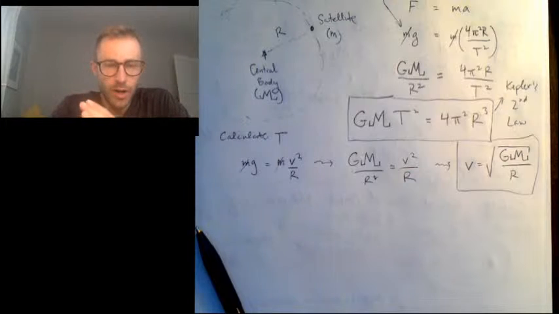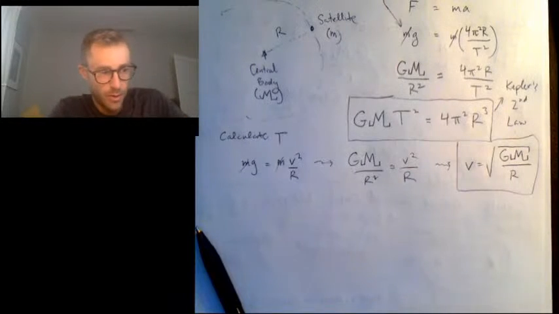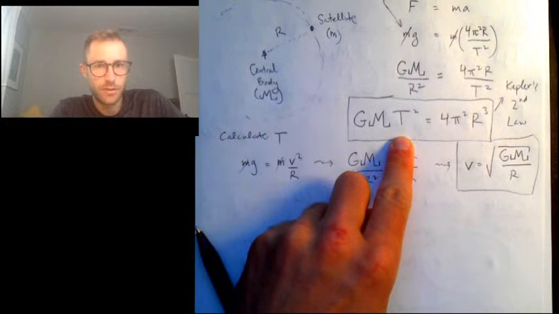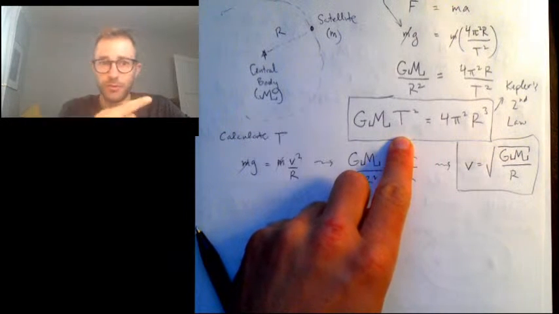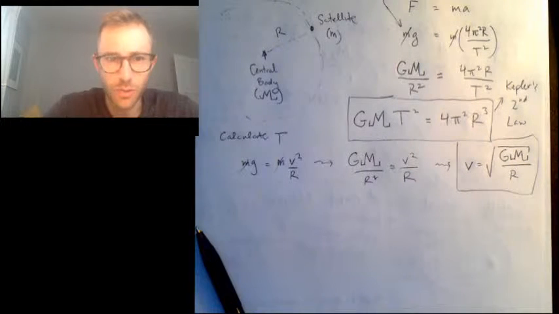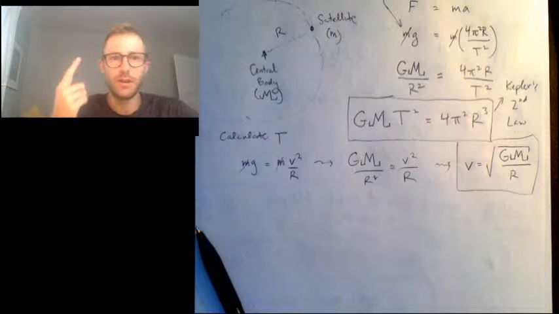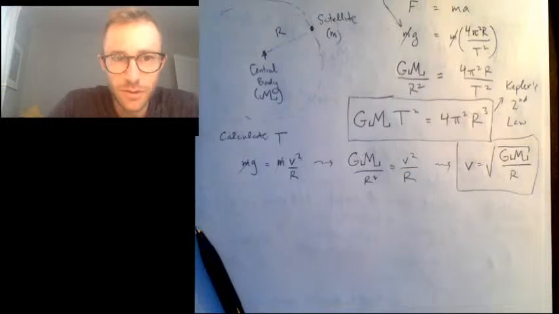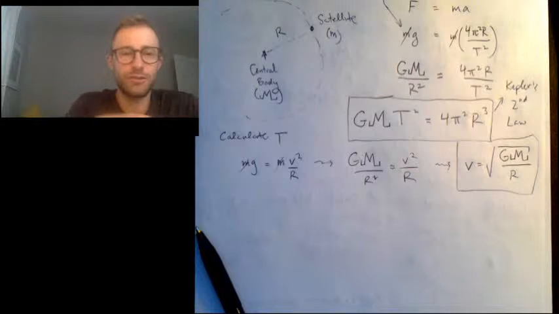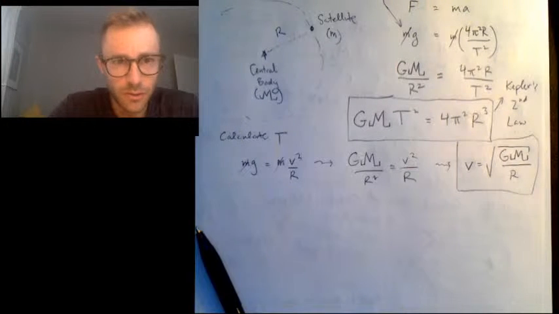What if you knew the period of an orbit? Getting the period of an orbit is pretty easy to do. All you need is patience, right? Because orbits might take years to complete. You don't even need to watch the entire orbit, right? You could just watch a portion of it and then extrapolate. But it does require some patience.